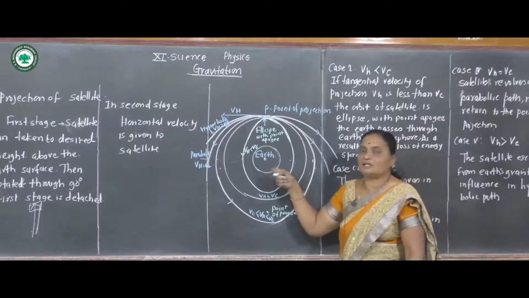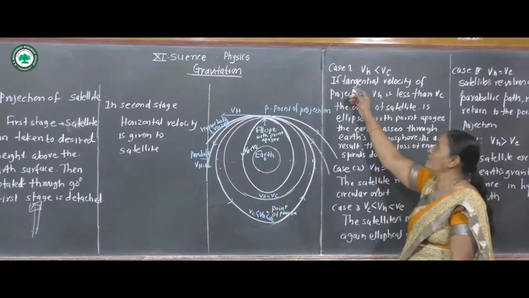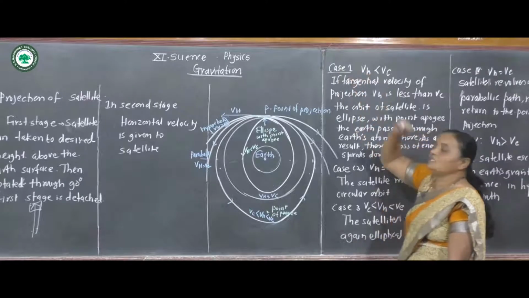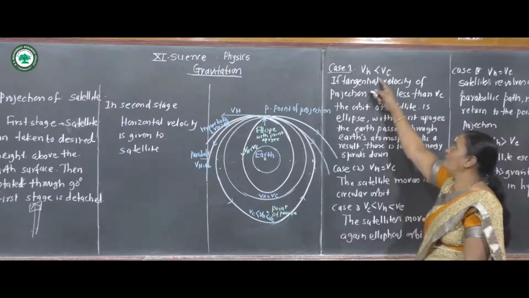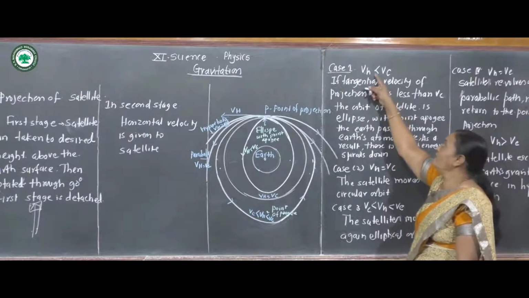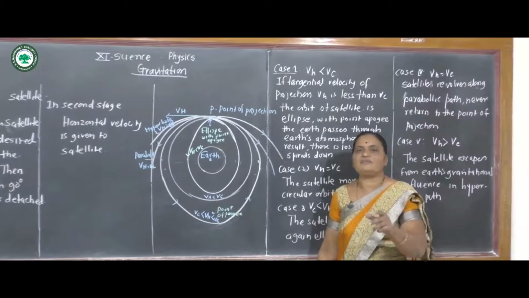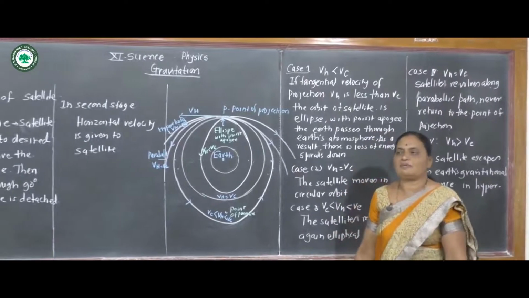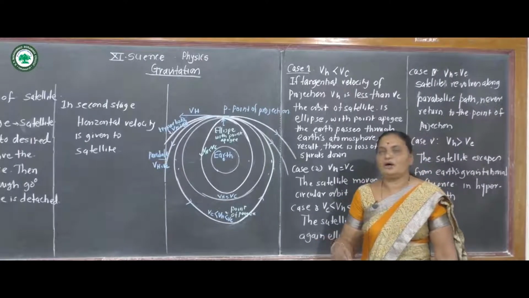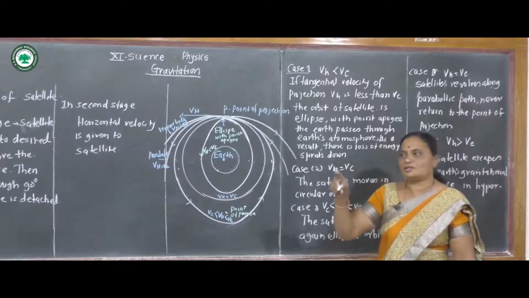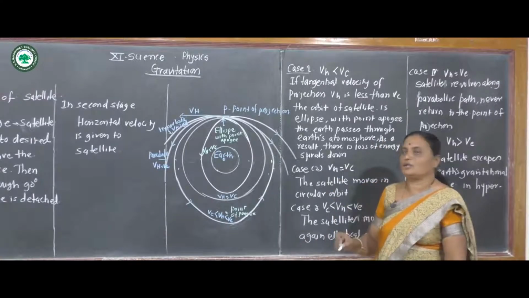Now we discuss the different cases when the satellite revolves around the Earth. In the first case, when the horizontal velocity of projection is less than critical velocity. We know critical velocity is the certain velocity through which the satellite revolves around the Earth in a circular orbit.